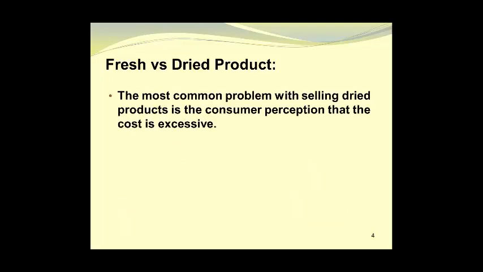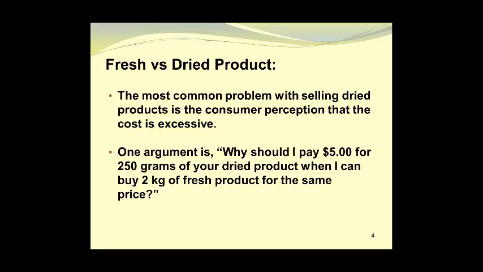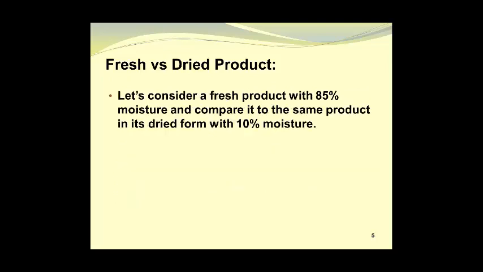The most common problem with selling dried products is the consumer perception that the cost is excessive. One argument is, why should I pay $5 for 250 grams of your dried product when I can buy 2 kilograms of fresh product for the same price?